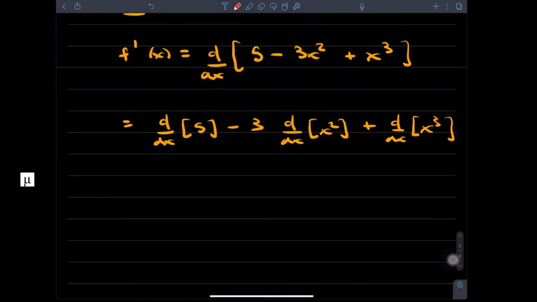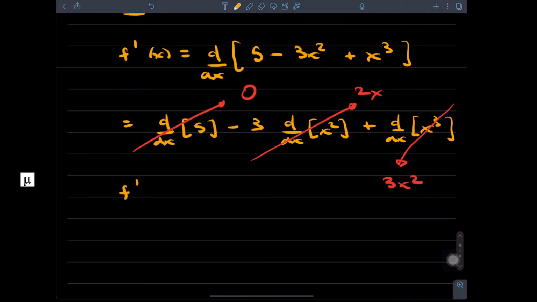So what's the derivative of a constant? Isn't that 0? This is what? 2x. And then what's this? 3x squared. Is that true? So, okay. My first derivative will be negative 6x plus 3x squared.